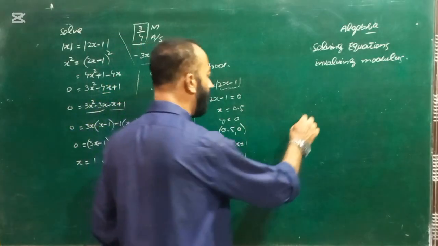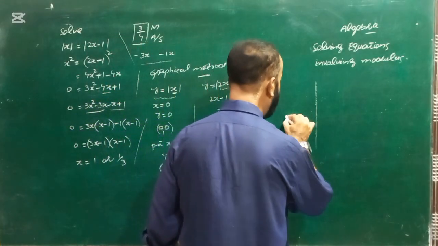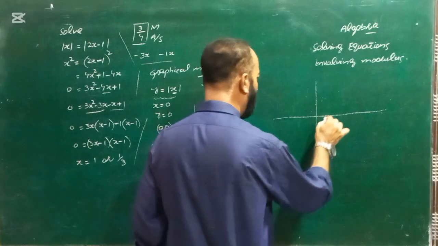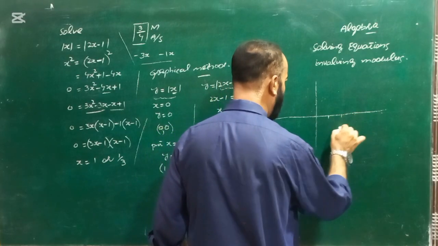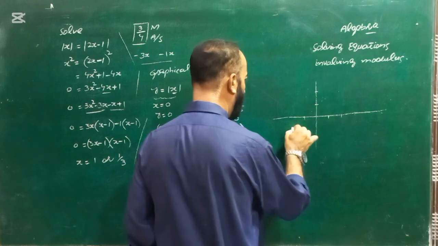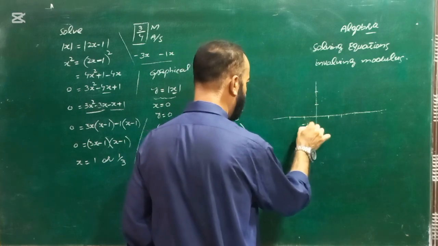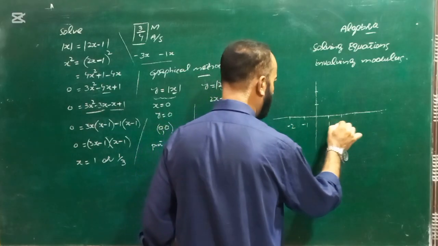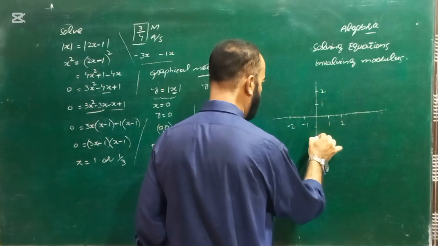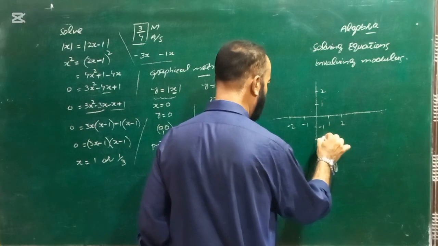So now we will draw the axis. Okay, 1, 2, 3, 1, 2, 1, 2, and minus 1, minus 2.